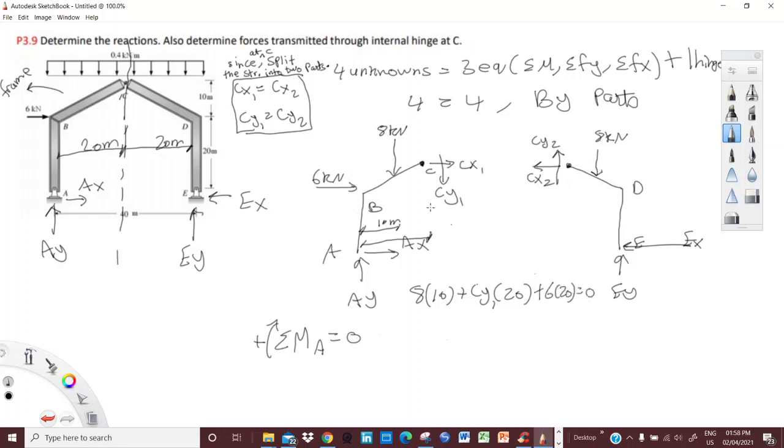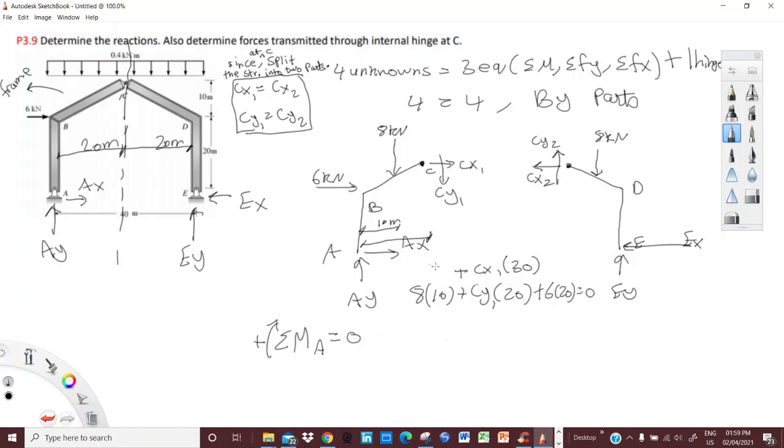equal to 0, plus Cx1 times 30. Now how many forces do we have? 1, 2, 3, 4. We have 4 forces.